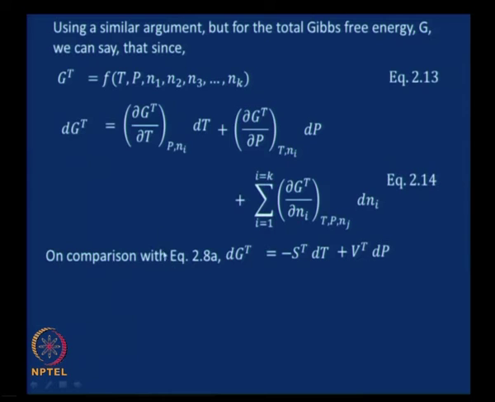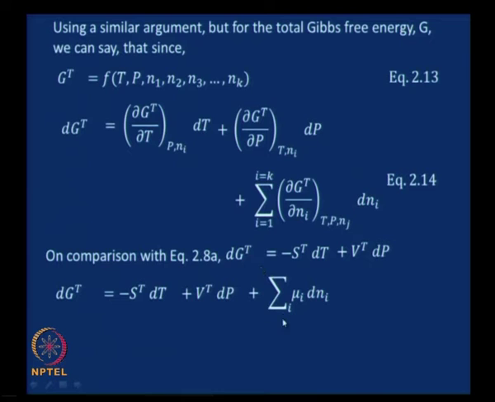If we compare this 2.14 with 2.8a, which is for a pure component or single component system, dG_t equals minus S_t dT plus V_t dP, we can write dG_t equals minus S_t dT plus V_t dP plus the remaining term which comes in for the multicomponent case, since G_t is a function of the amounts of the other components also.